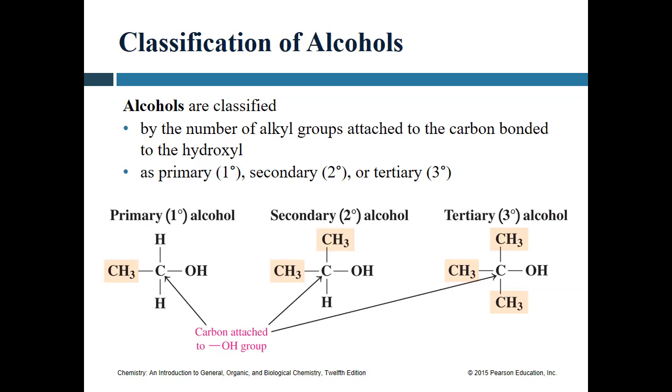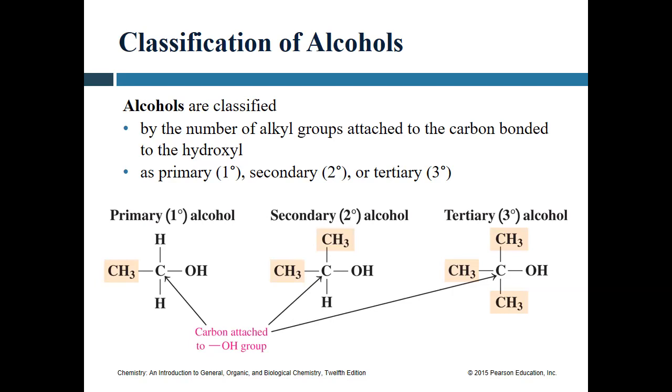What I mean by that is not so much that they're attached to one carbon at a time, otherwise they wouldn't be alcohols, they'd be ethers. But how many other carbon groups is the carbon that the alcohol is on attached to? That's where the terms primary, secondary, and tertiary come from.